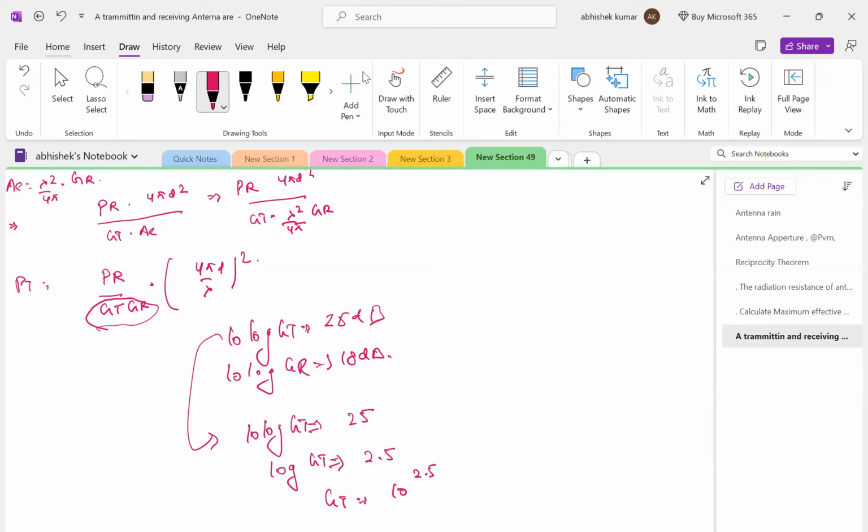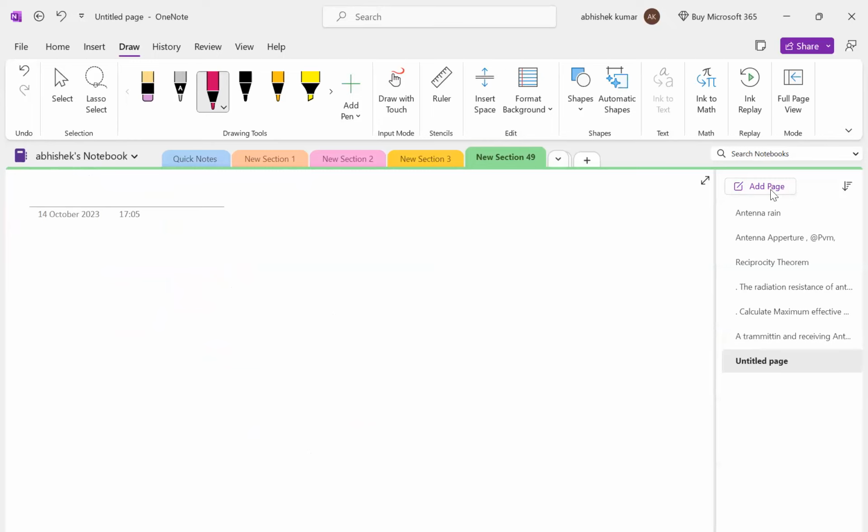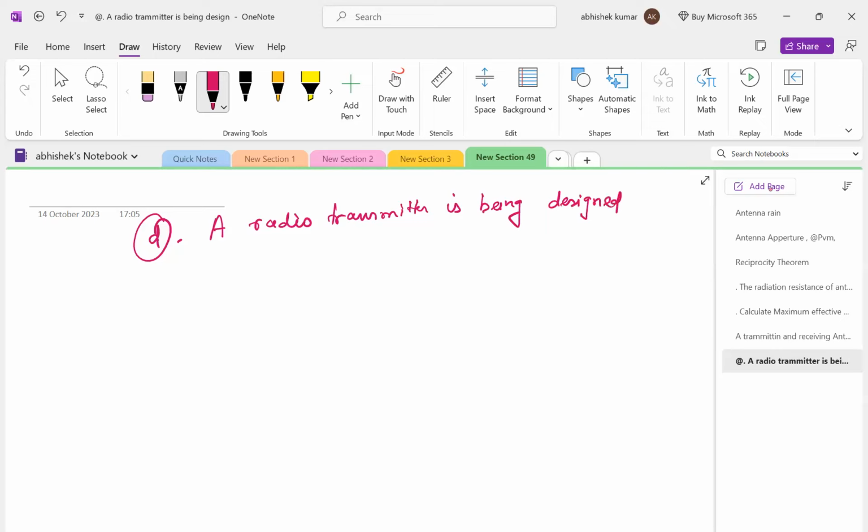We have question number D in your paper, which will use this formula, where they have given a radio transmitter being designed, a receiver antenna, and asked for the transmitter power.